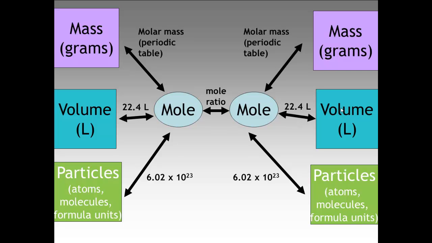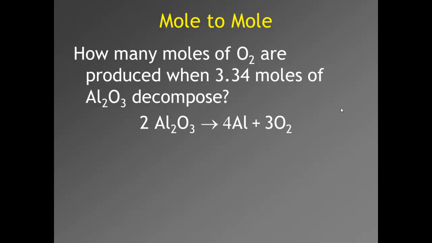Okay, so again, I'm going to have another clean mole template here. This time, I'm going to show you a mole to mole problem. Again, they normally don't tell you at the top like I am, but I'm just trying to show you some different examples. How many moles of O2 are produced when 3.34 moles of aluminum oxide decomposes?